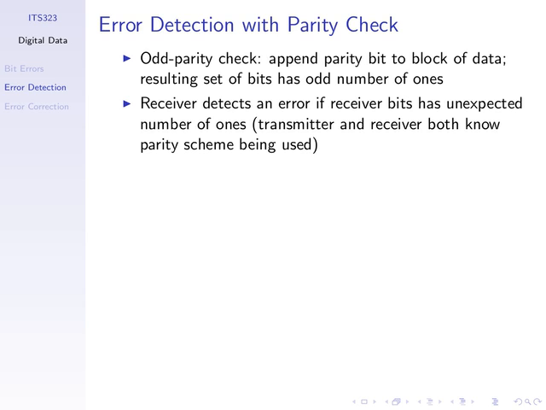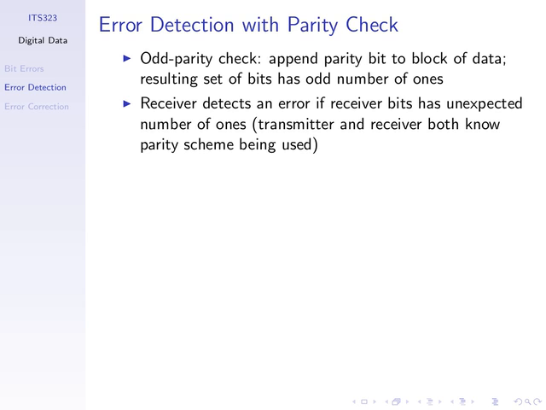The receiver receives 0, 1, 1, 0, 1, 0. The receiver and transmitter know the error detection scheme that they're using. That is, the receiver knows that the transmitter is using odd parity, a 1-bit odd parity check. So the receiver knows, in fact, we have 5 bits of data and 1 bit for the parity check.